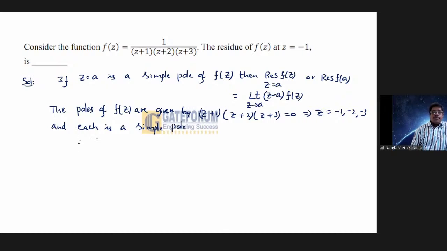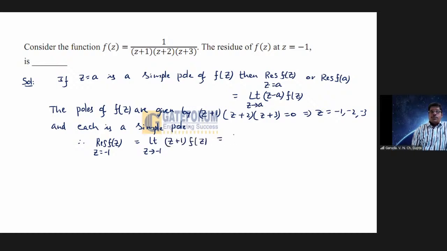Therefore, residue of the function f of z at z is equal to minus 1 is equal to, in place of a put minus 1, limit z tends to minus 1, z minus a means z plus 1 into f of z.